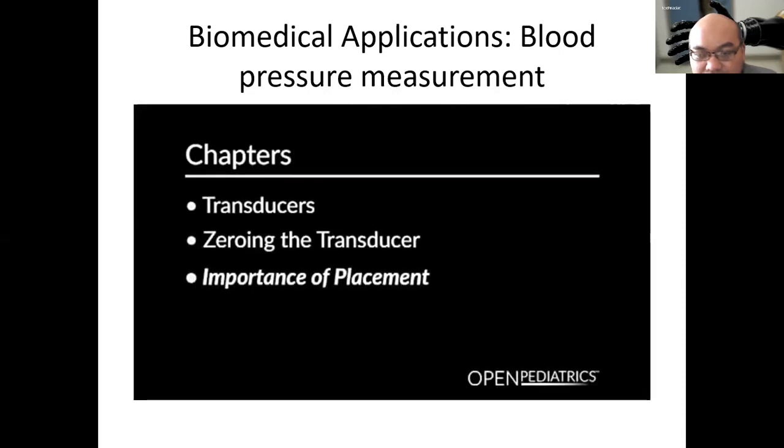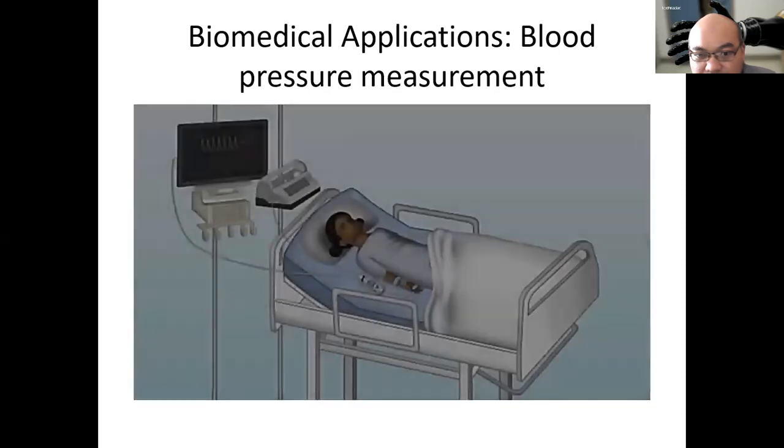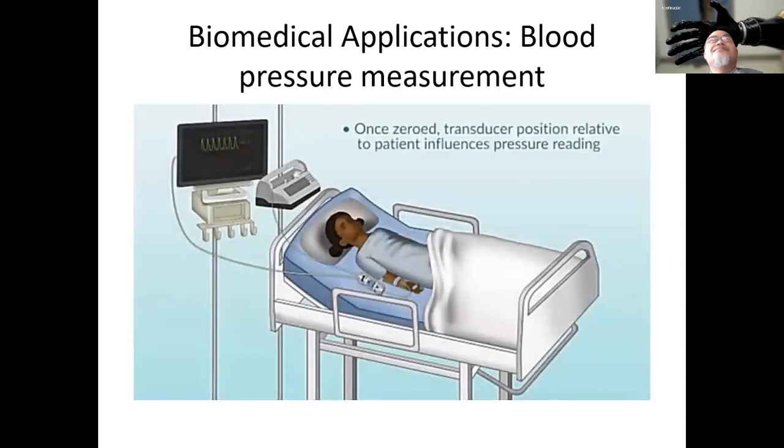Importance of placement. The other important thing to keep in mind is that once the transducer is appropriately zeroed to atmosphere, where it lies relative to the patient will influence the pressure that we see on the screen.